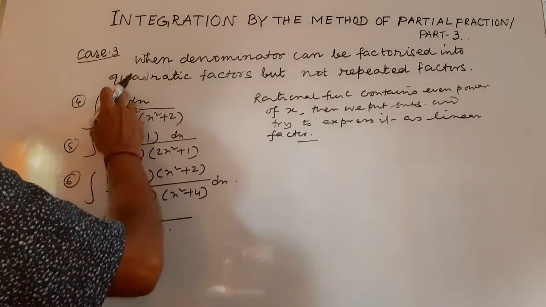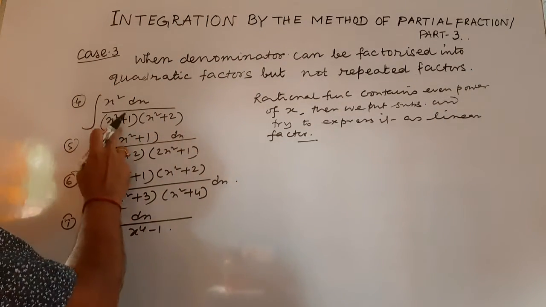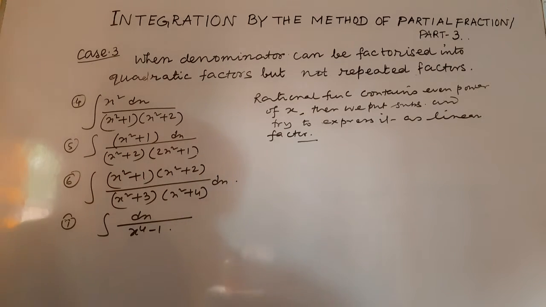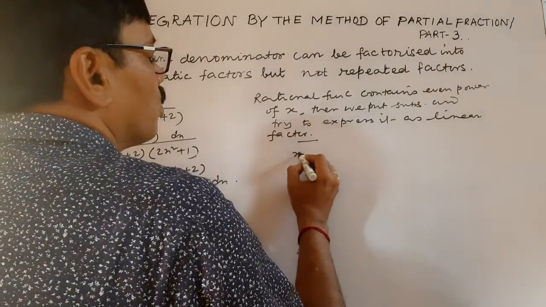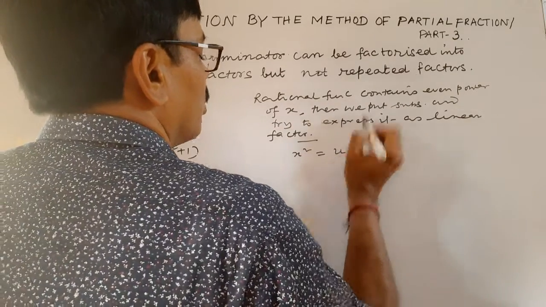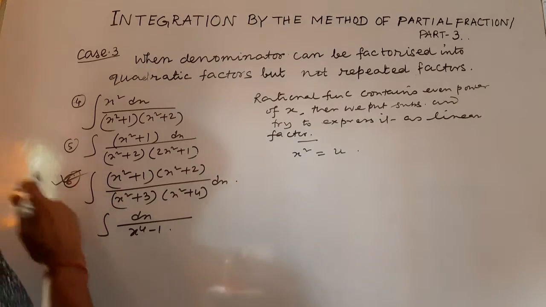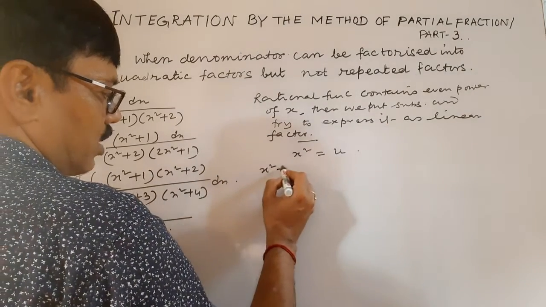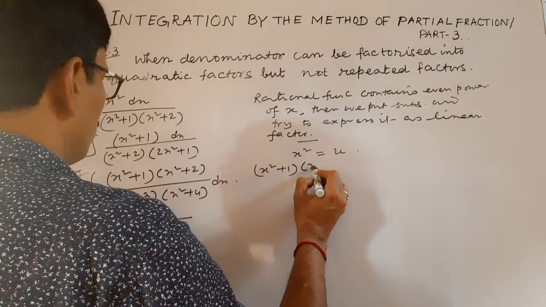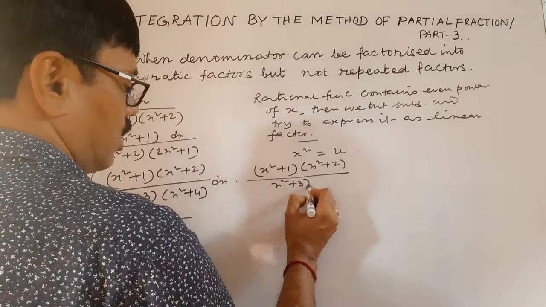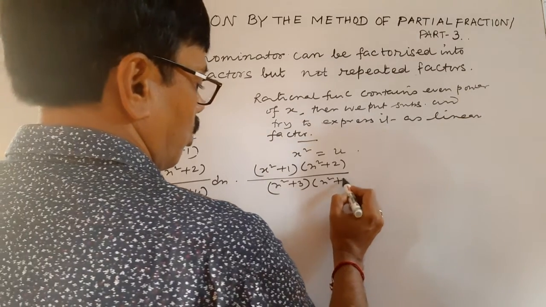So look, this is even power x square. This is also x square plus 1, x square plus 2. So consider problem number 6. So we put x square equals u. Now we do not take the whole integration. We consider only this one: (x square plus 1)(x square plus 2) by (x square plus 3)(x square plus 4).